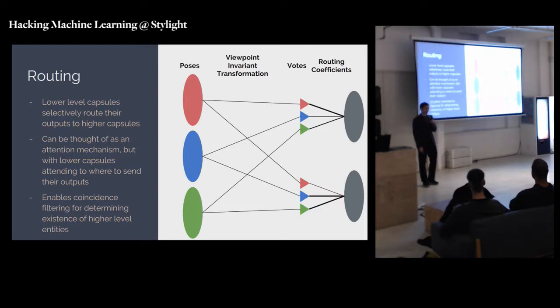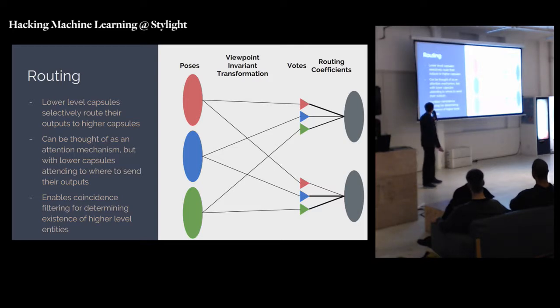So for example, if a lower level capsule learns eyes, then it would over time be more likely to send it to a higher level capsule that is representing faces, because we would expect that if other lower level capsules send the right sort of features and their part to whole relationships all match up, that is, they're all aligned, you don't have your nose above your eyes, then this higher level capsule will also activate.